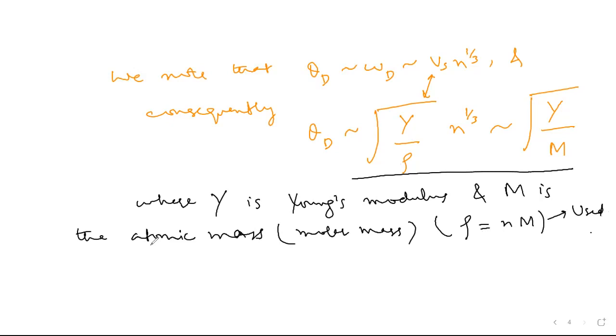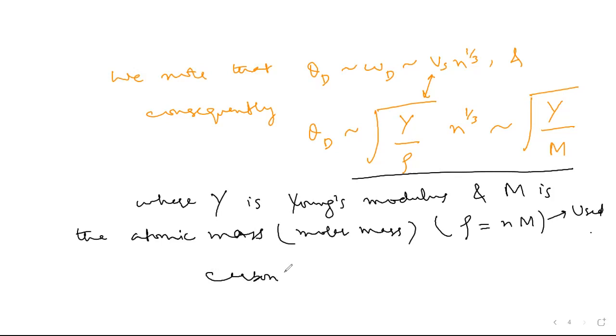We see the Debye temperature theta D depends primarily on the elastic constant of the substance Y and on the atomic mass M. The stiffer the crystal and smaller the M, the higher is theta D. This explains, for instance, why theta D is high for carbon.